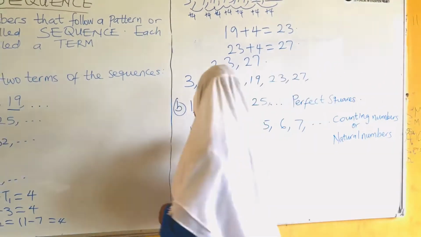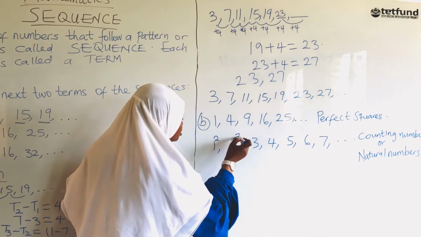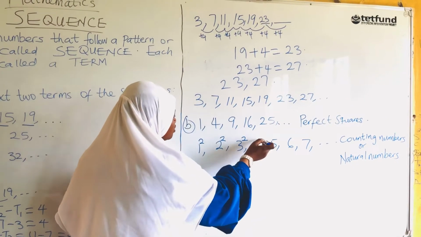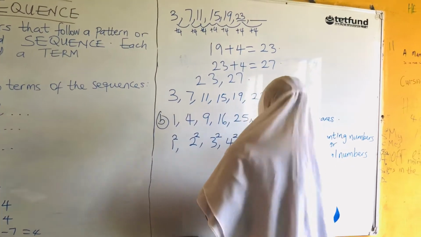Now squaring these numbers will give us this. So 1 squared, 2 squared, 3 squared, 4 squared, 5 squared, 6 squared, 7 squared.